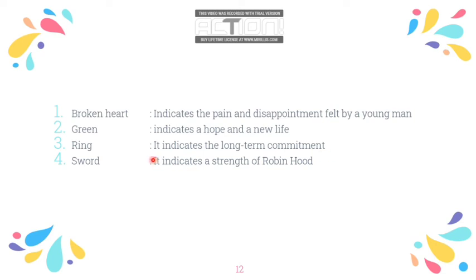And the fourth is sword. The sword indicates the strength of Robin Hood and his army.